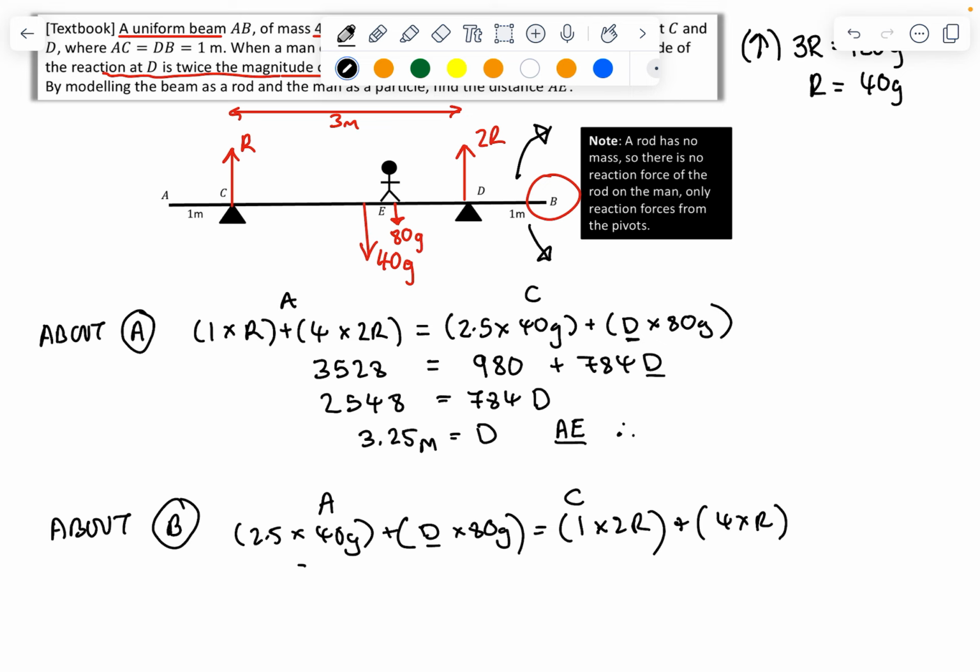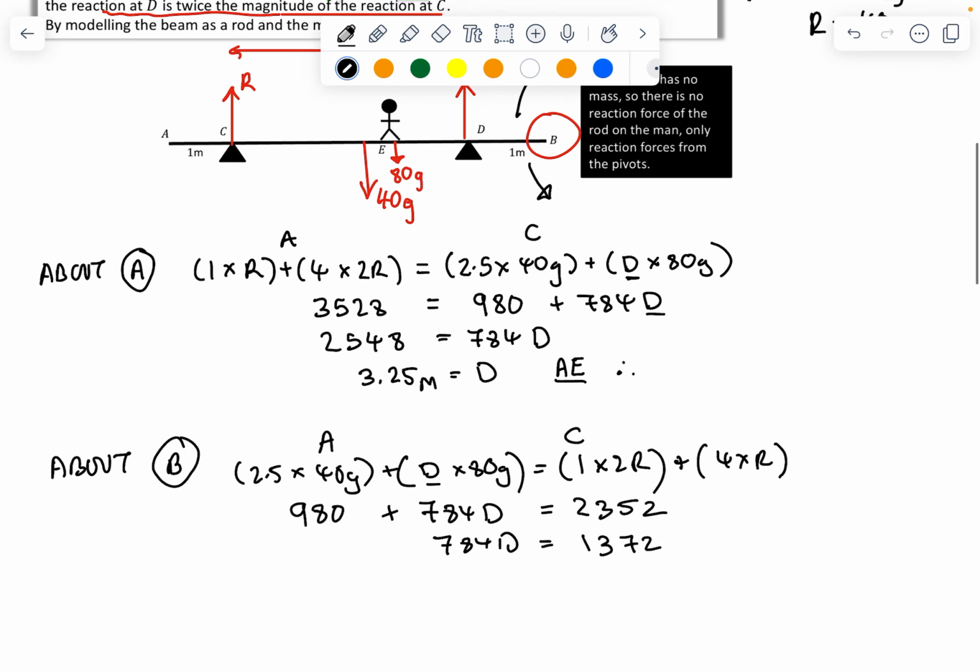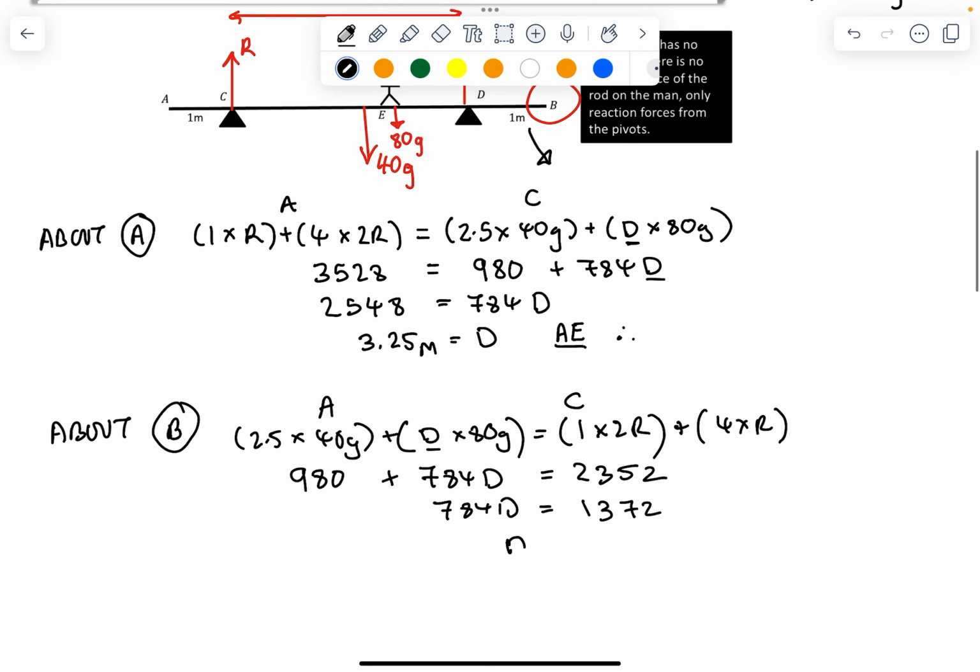Right, so I've got 980, which we had from last time. 784D, the same as last time. That's equal to 2352, which means that 784D is equal to 1,372. I divide by 784, and the distance is equal to 1.75.